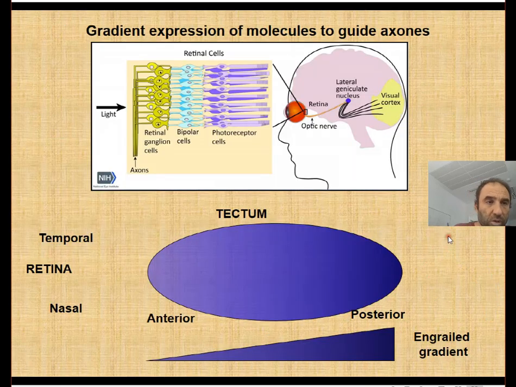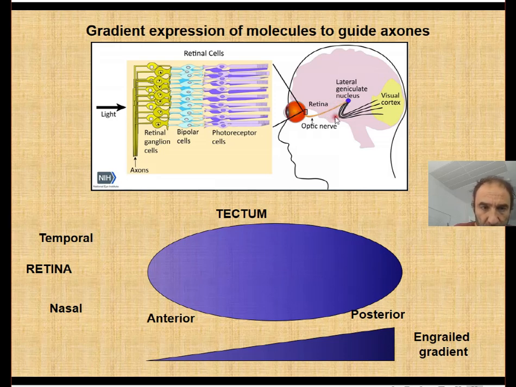Another example of how neurons have to find their path is when you think about the ganglion cell. In the retina you have 3 layers of neurons, and the last one, the ganglion cell here, has axons that are going to project, as we can see here, into a region of the brain called lateral geniculus.